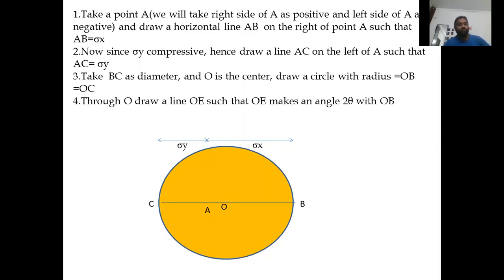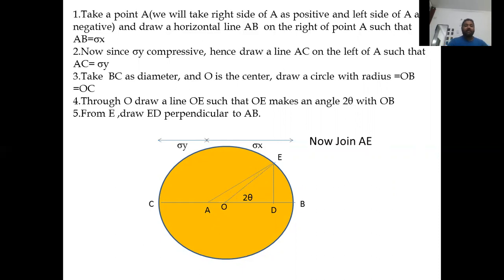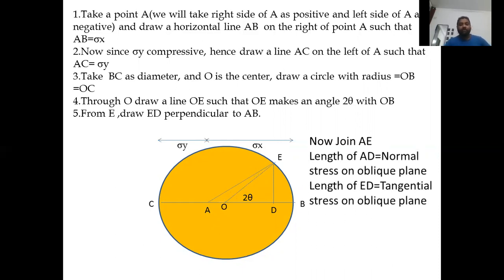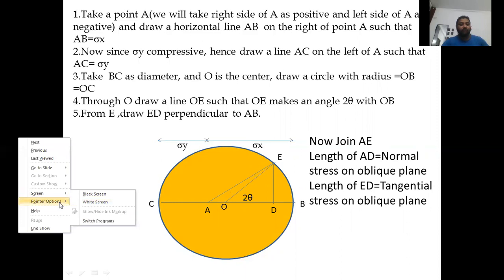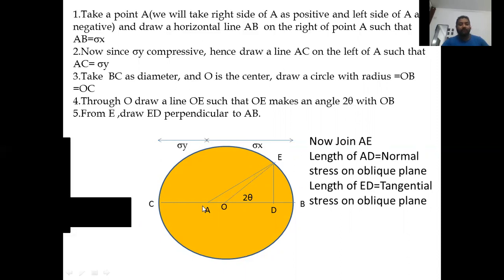Now draw through O a line OE such that OE makes an angle 2 theta with OB. So this is the OE line which makes an angle 2 theta with the line OB. Now from the point E, draw a perpendicular ED on the line AB. So I have drawn a perpendicular line ED on AB. Now join AE. Now the length of AD will give you the normal stress on the oblique plane.